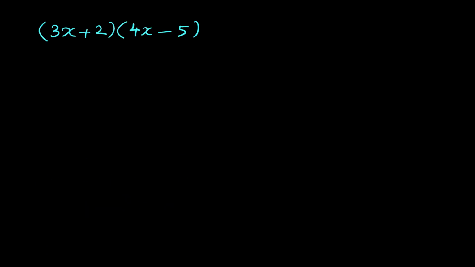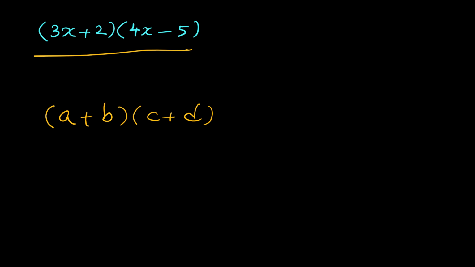Now look at this example. We have a polynomial, another polynomial, and we want to multiply these two polynomials by each other. Basically, here we have a binomial, and here we have also a binomial, because we have only two terms in each bracket, so they are binomials. For multiplying an expression in the form of a plus b by another expression in the form of c plus d, the process is this.